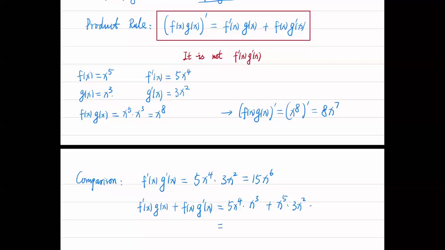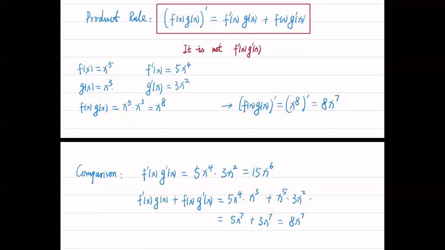It will be 5x to the 7th plus 3x to the 7th, 8x to the 7th. Now we can compare this with the result over there and say they are different. So the derivative of the product is not the product of the derivatives. On the contrary, this looks more complicated, but they have the same answer.